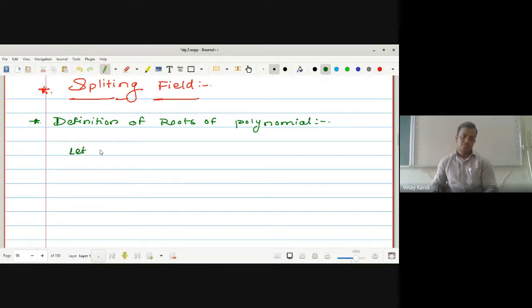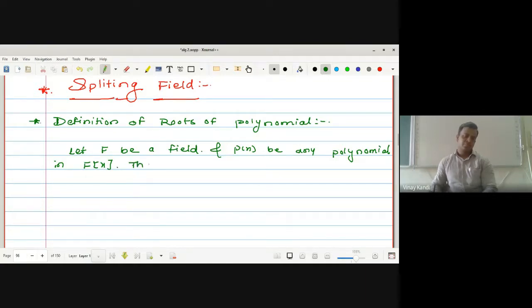Let capital F be a field and P of x be any polynomial in F of x.